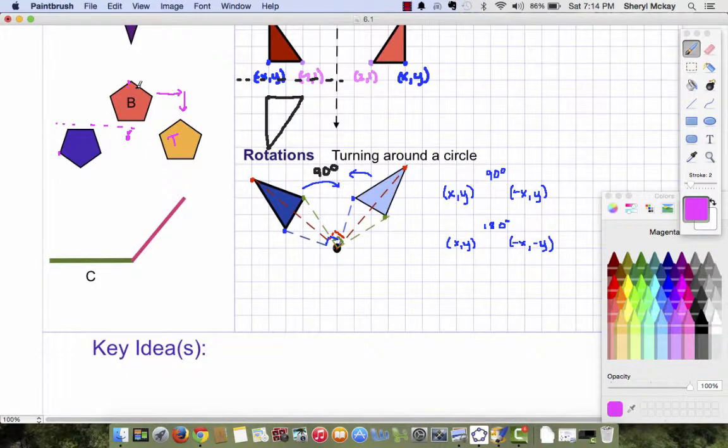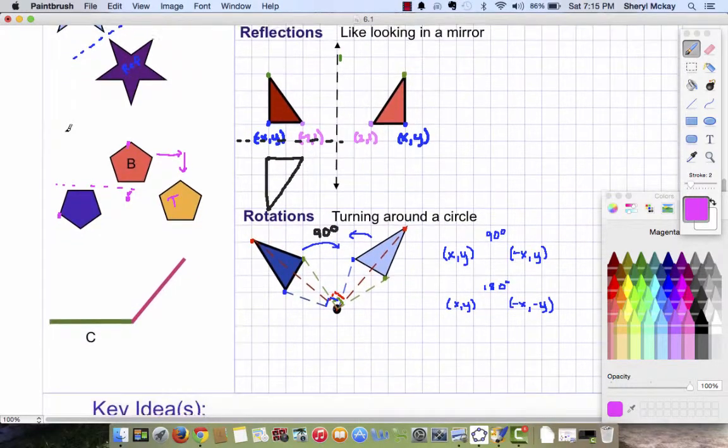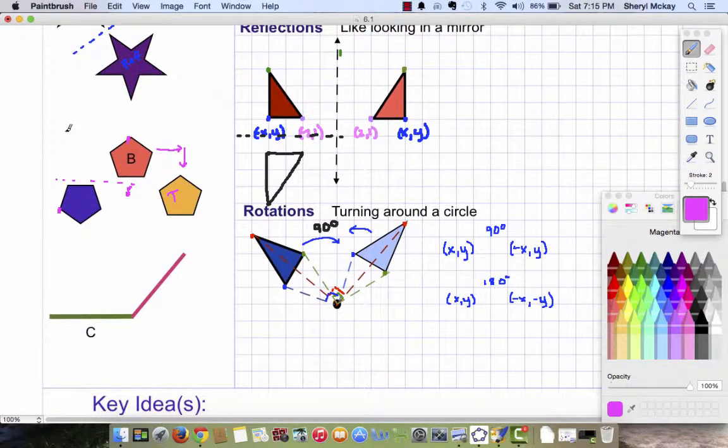It's rotating around, so this point here becomes this point here, and this point here becomes this point here. The whole thing is turning around a circle. Or we could again say that it could take two things: a reflection and then a translation. So lots of different things.